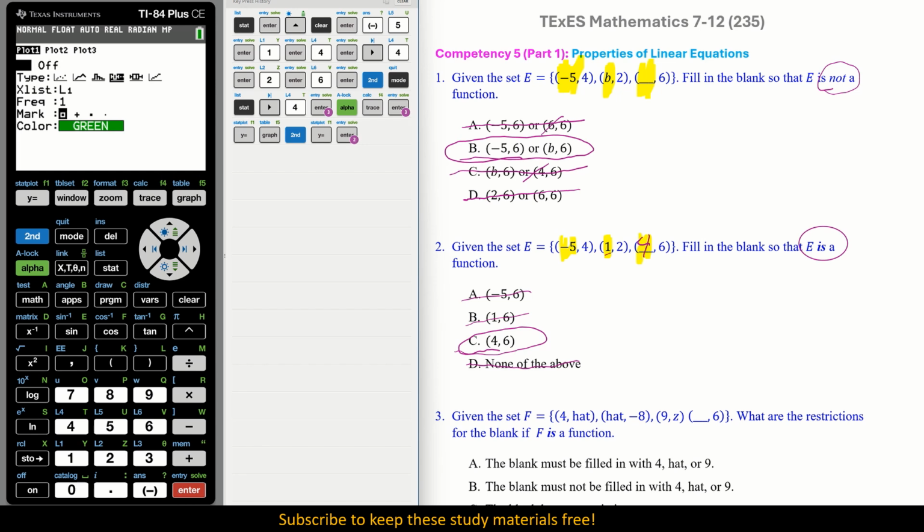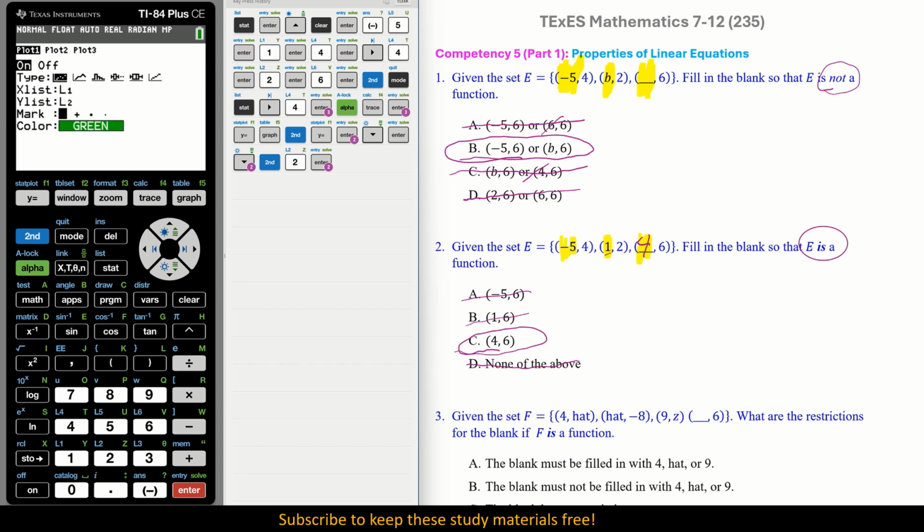Let's push that. Now it's actually on. Let's do scatter plot. It's coming from L1, but we want that to be L2. So let's say second, number 2, and it is going to be square dots in green.